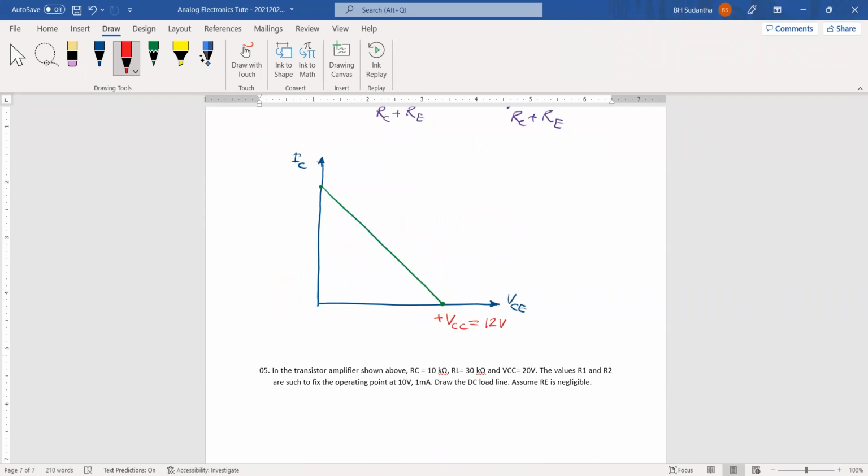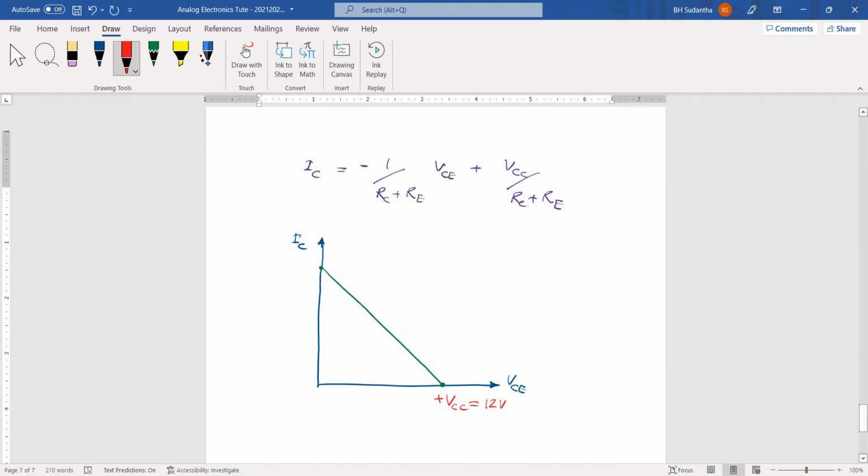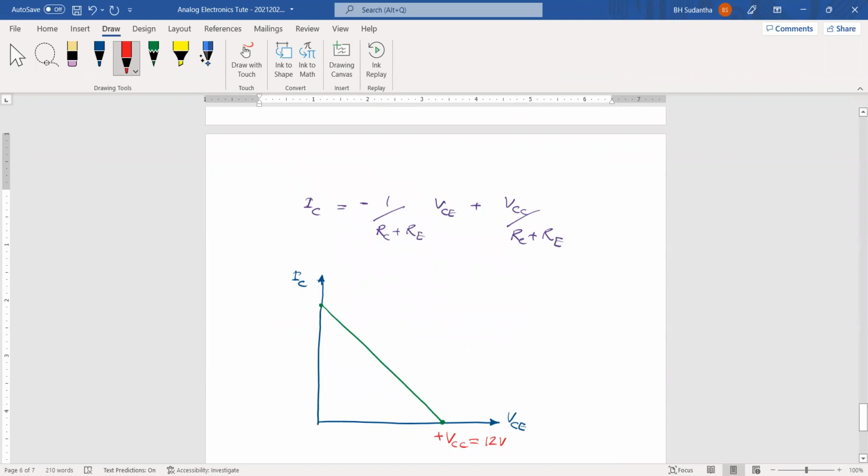What is this one? This one comes when VCE is 0. Okay. When VCE is 0, then IC equals VCC divided by RC plus RE. Okay. Then here, this is VCC divided by RC plus RE.